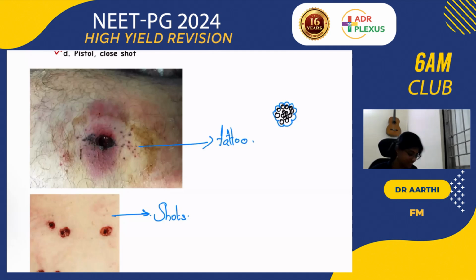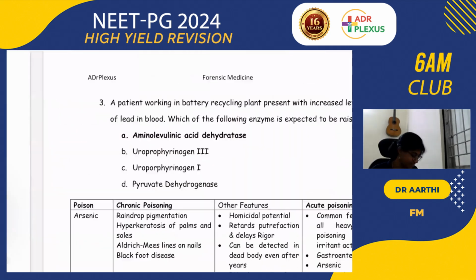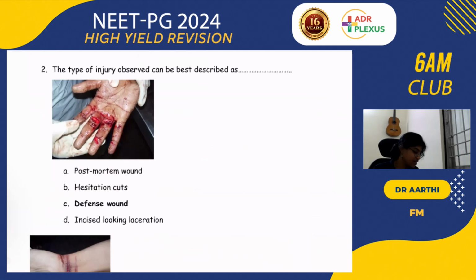Good. Okay, let's see the next question. Injury best described by. They have got it in the palm. It's not in the wrist region, right? So this is a defense wound. See, there is bleeding, so it's not a postmortem injury. Hesitation cuts are generally seen in the wrist region, and they are generally multiple.